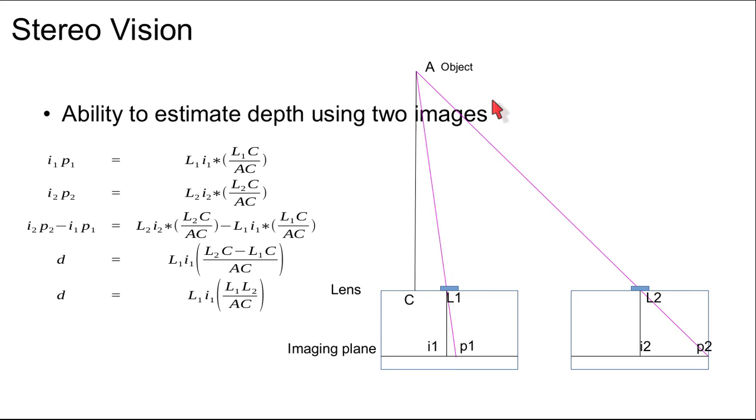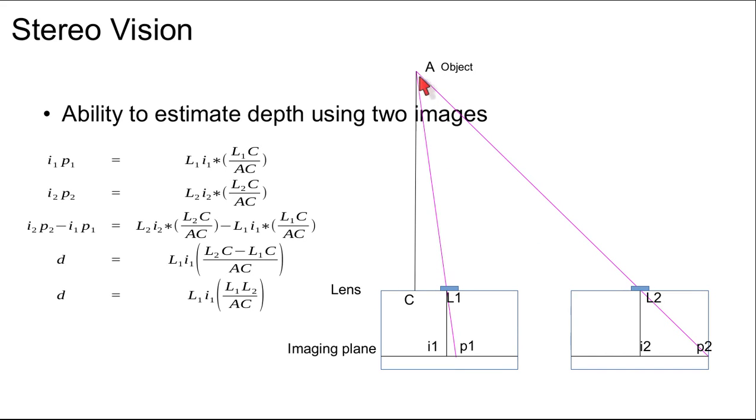Let us look at a different situation where the object appears on the same side of the principal axis of both the cameras. In this case, the relationship between the disparity and the distance of the object from the camera is slightly different.